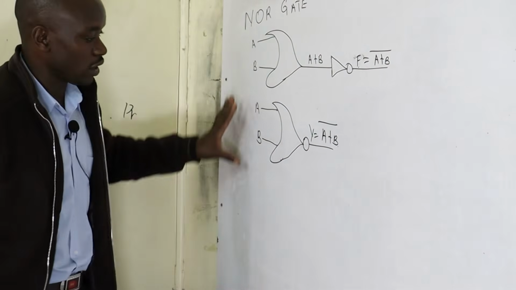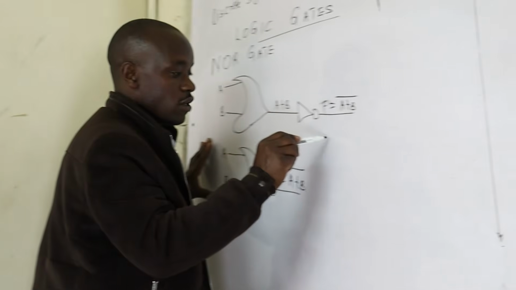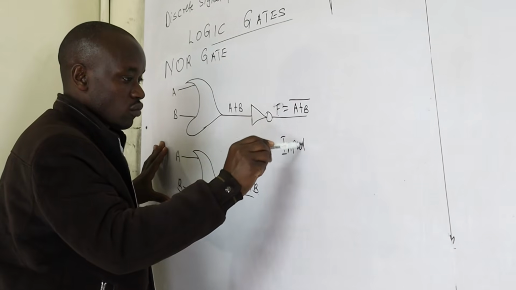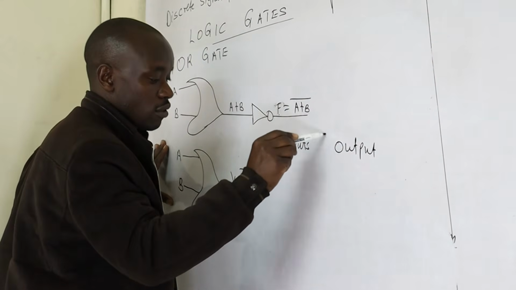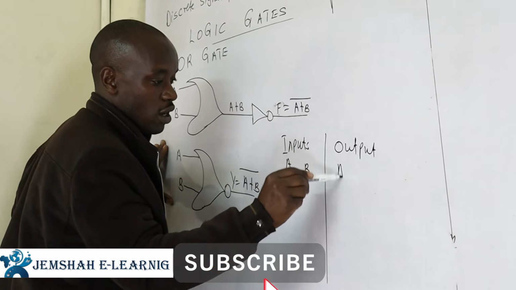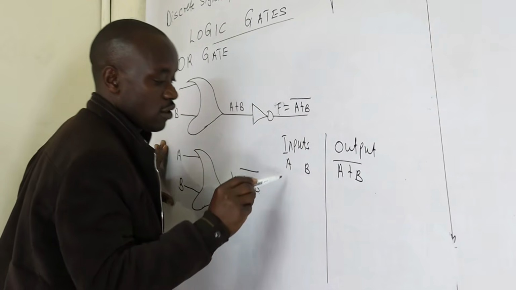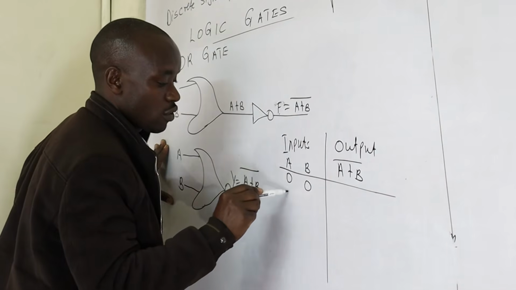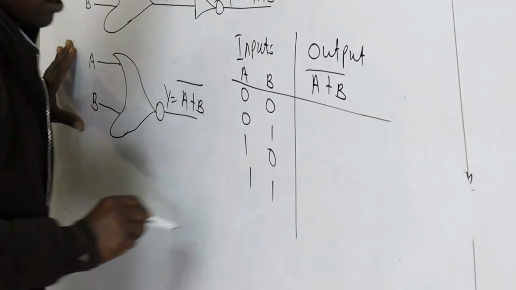Now we can draw the truth table for this gate. So we can have the inputs, then the outputs. We have A and B, then we have A plus B but inverted. So 0, 0, 0, 1, 1, 0, 1, 1.